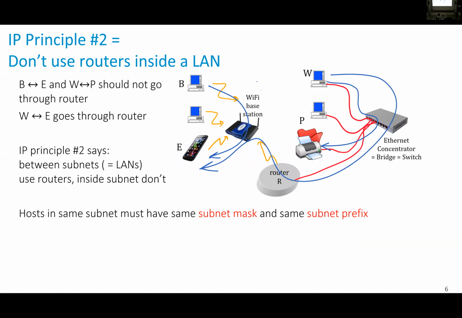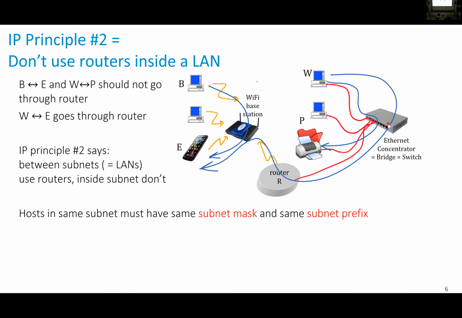That's the first principle. The second principle of IP is don't use routers inside a LAN, or, IP speaking exactly, inside a subnet. Remember that IP was defined 30 years ago as an inter-networking protocol, as a mechanism to interconnect local area networks.